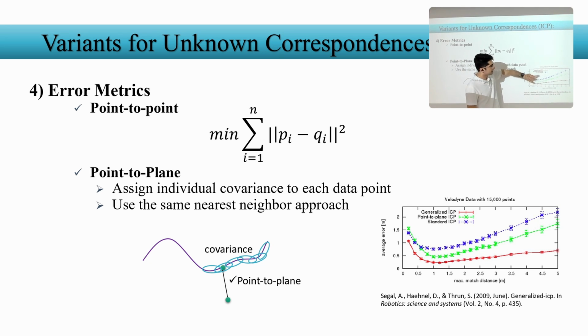The green one is the point to plane. This one is point to point, the standard ICP. And this one is the generalized ICP, where they propose a technique to also improve these two. I'm not going to explain it. If you are interested, go study the paper on how you can even improve this point to plane technique in order to calculate the error.